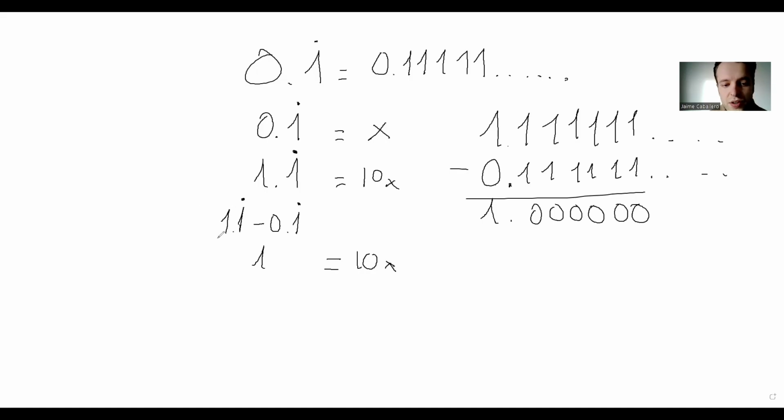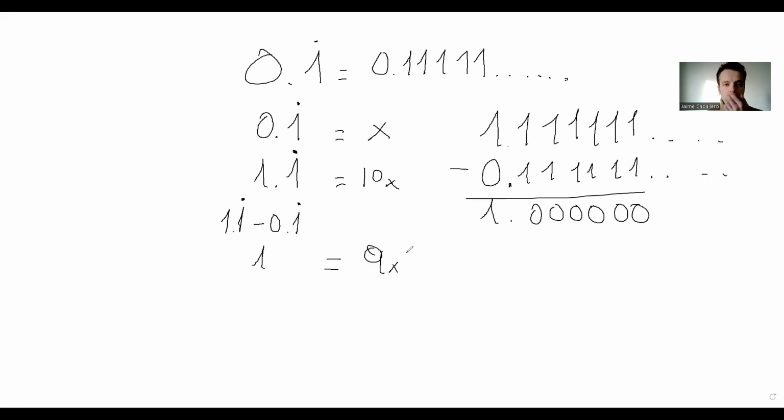Remember, 10x was 1.1 recurring, minus x, 0.1 recurring. We learned a moment ago that subtracting x's, or factors of x, that is just one number multiplying x, gives us the term multiplying the x subtracted. So this would be 10 minus 1, 9x.